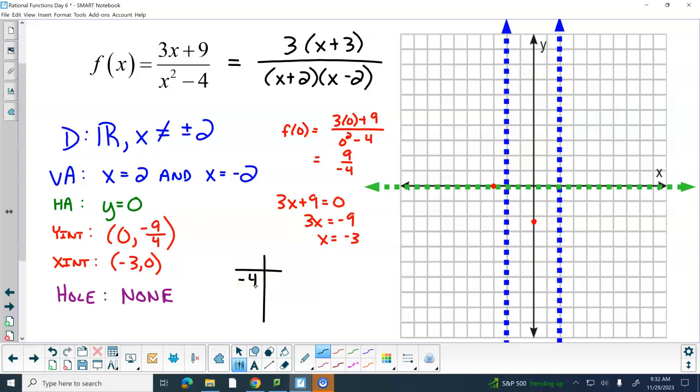Negative 12 plus 9. Negative 3. Negative 4 squared. 16 minus 4. Oh, 12. Okay. So that's like negative 1/4, right?